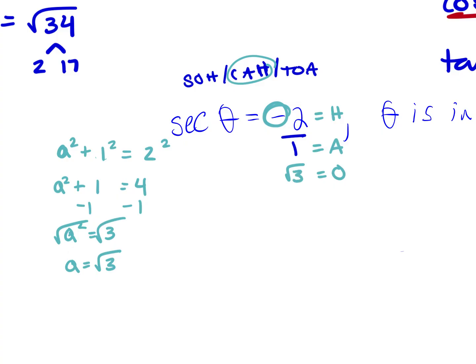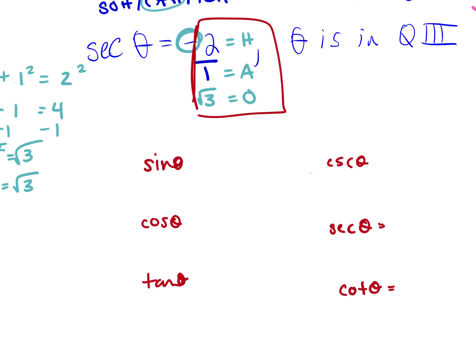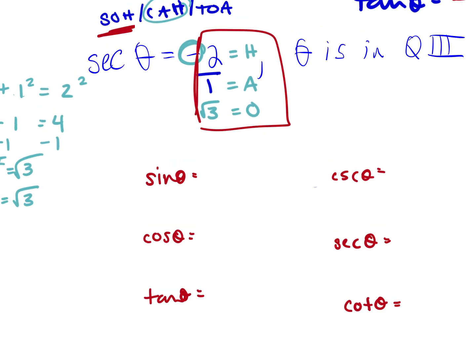Once we find our opposite, adjacent, and hypotenuse, let's find our trig functions. So sine, cosine, tangent, and our reciprocal functions are going to be cosecant, secant, cotangent. Now, according to SOHCAHTOA, sine is what over what? Opposite over hypotenuse, so that would be square root 3 over 2.